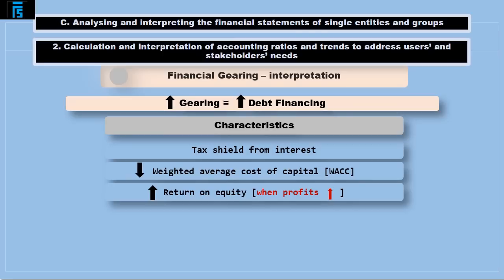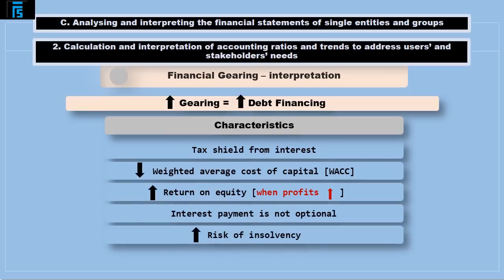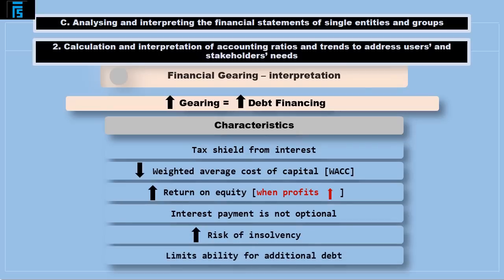However, the presence of debt also creates distinct risks, because unlike dividends on shares, interest on debt has to be paid irrespective of business performance. Highly geared companies face a higher risk of insolvency and are generally viewed as risky investments, which limits their ability to take on additional debt at a reasonable cost.